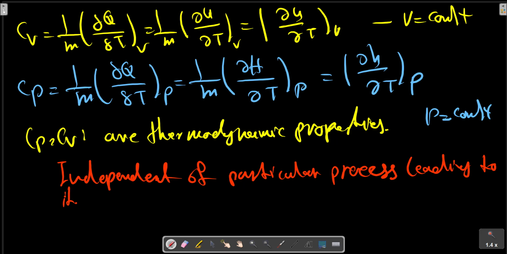As an example, consider the two identical fluid masses in this picture.